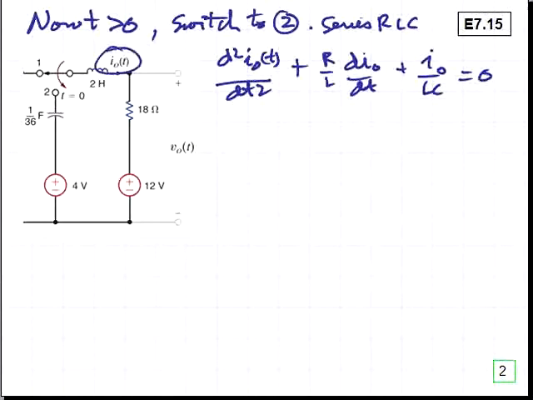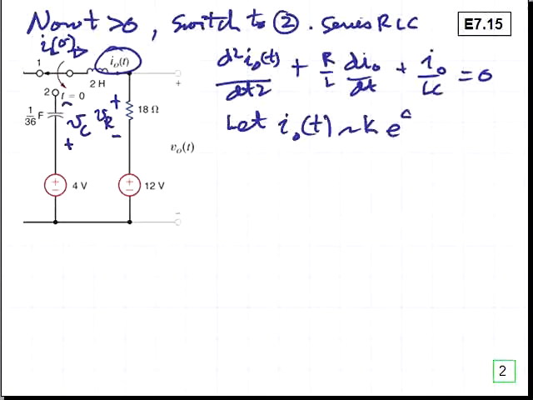This is the current I O in the circuit that happens to be in the same condition as the I L at 0 minus. We have a capacitor voltage VC plus and minus, and a resistor voltage V sub R plus and minus, following the passive sign convention for the current direction for I O. We're going to let I O of t be of the form K e to the st.